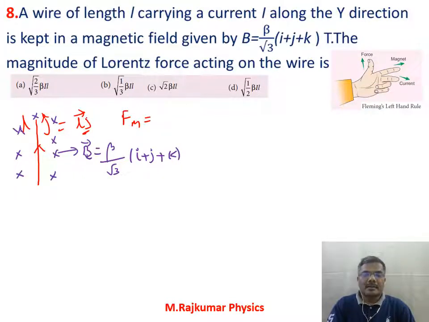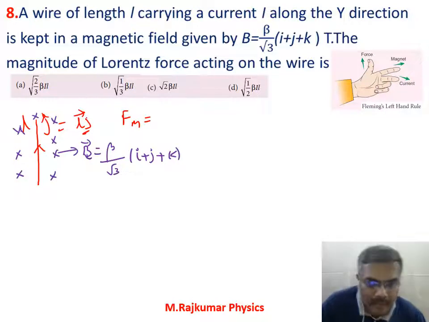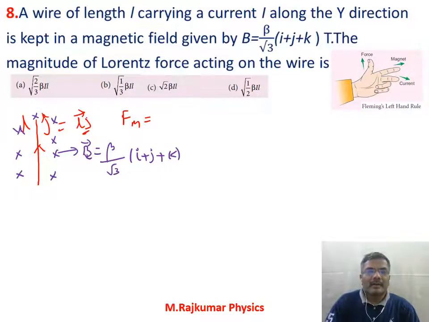So as per the Lorentz force, the force which is created on the wire will be I L cross B vector. So this is a cross product of current into length of the wire and B vector.